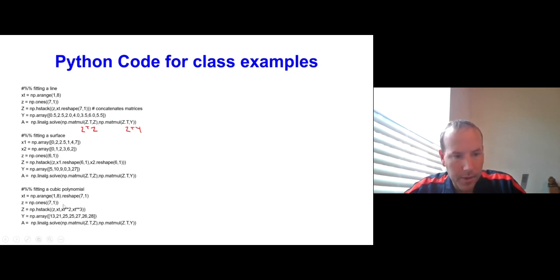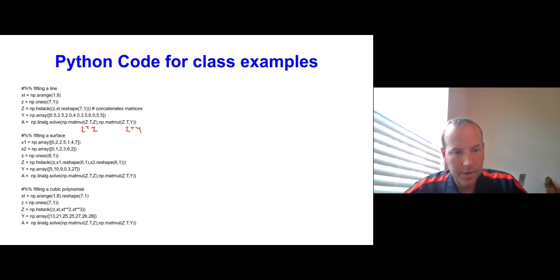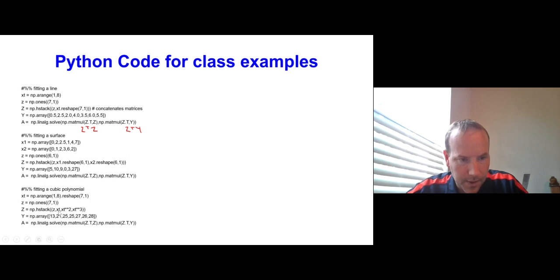Okay, and then finally, when we're fitting a cubic polynomial, we've got a column of 1s, and then xt shows the independent variables where we wanted values. So in this case, we wanted them from 1 to 8, and then this is the x values squared, and this is those numbers cubed.